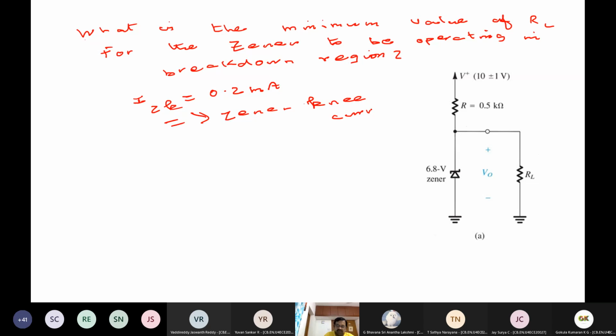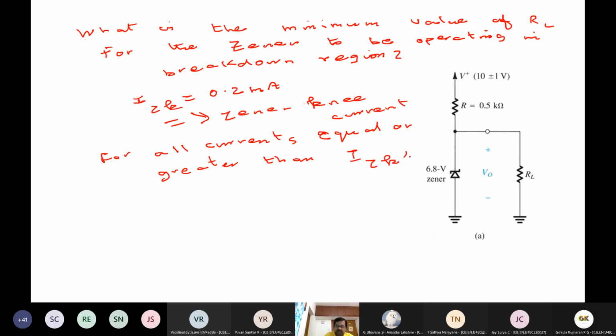For all currents equal to or greater than ICK, the zener will be in breakdown region. This is the first thing that you must understand. The zener will be in breakdown region.